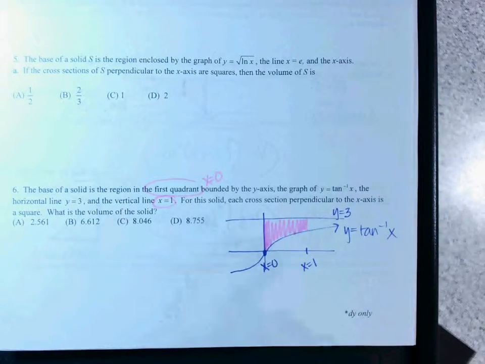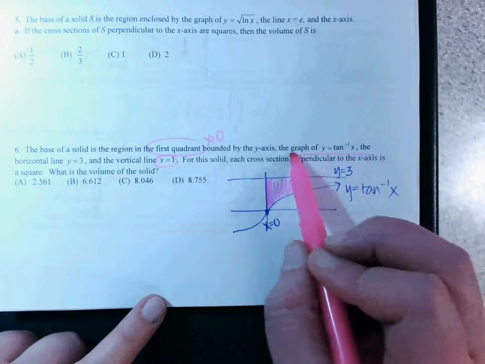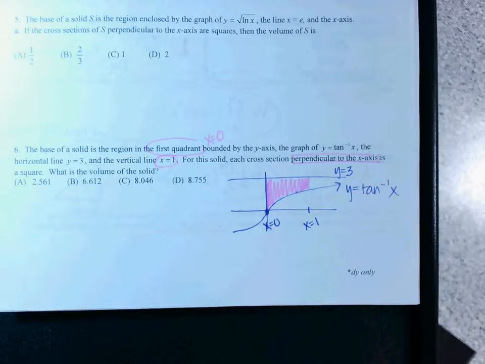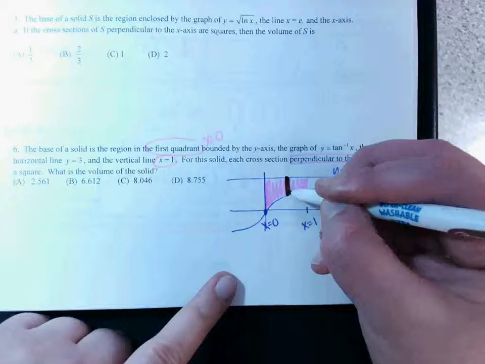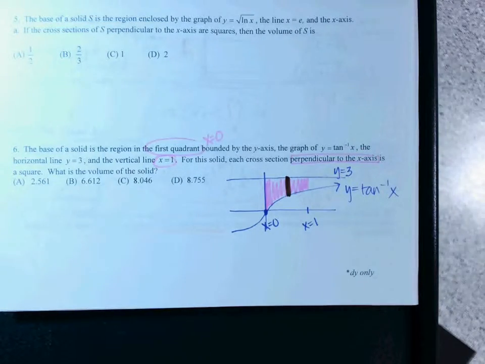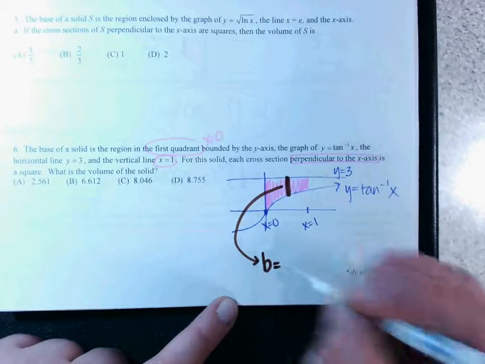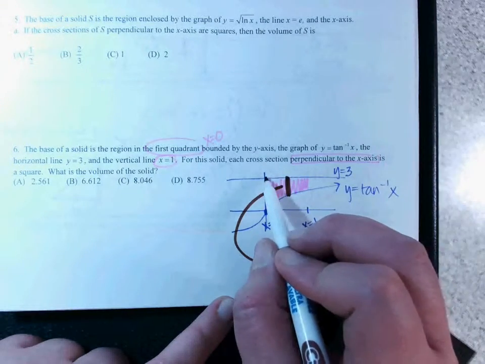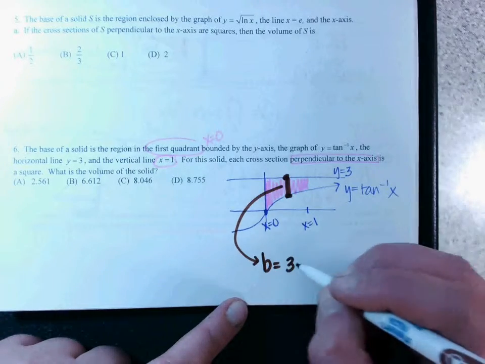Okay? So let's read through the important stuff. So we want to be perpendicular to the x-axis. Okay, perpendicular to the x-axis tells me that I need to stay vertical, like this, which means that my base is going to run top minus bottom. So base is going to equal the top function, which is 3, minus the bottom function, which is inverse tan x.